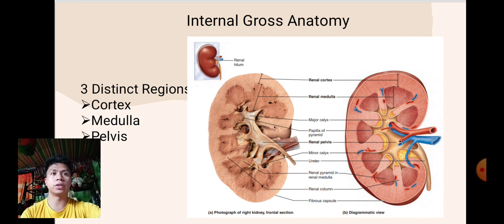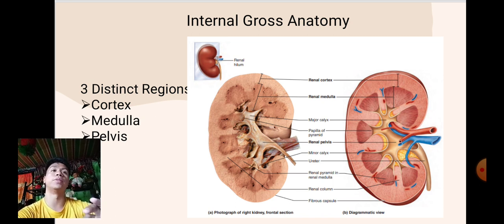Okay, next slide. So we have here the internal gross anatomy. Let's go deeper into our discussion about the three distinct regions in our kidney: the cortex, the medulla, and the pelvis. A frontal section through a kidney reveals these three distinct regions.